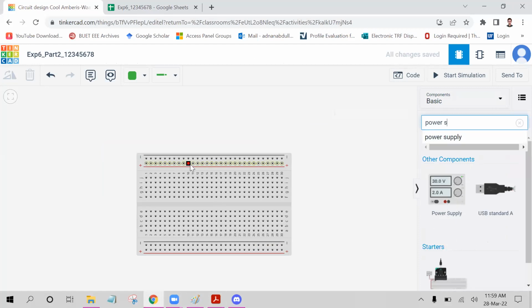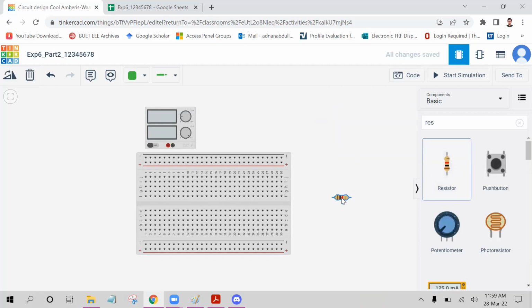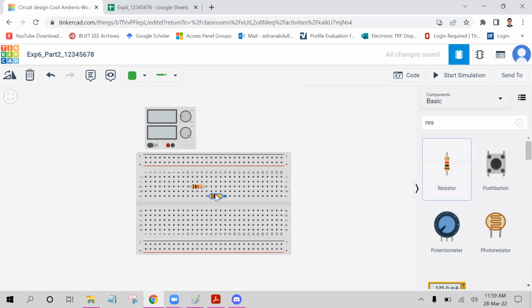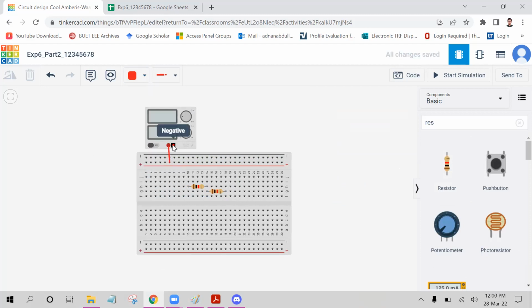Power supply. Okay, the connection is done. If anyone has any confusion, you can ask me.